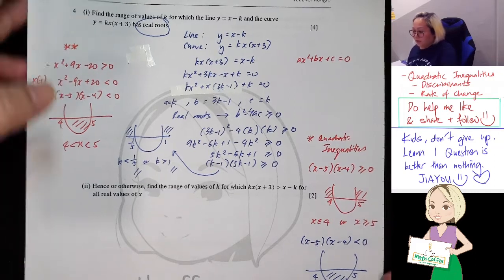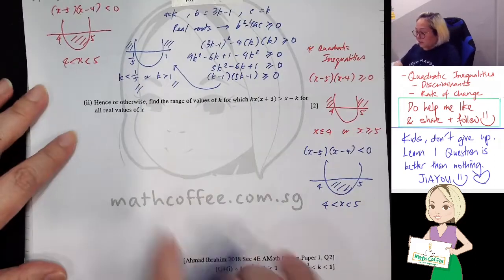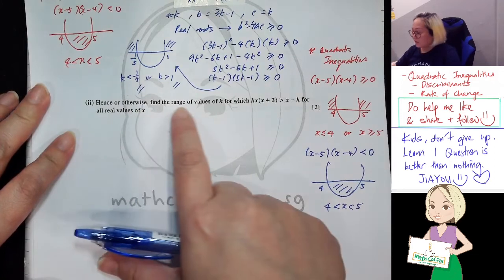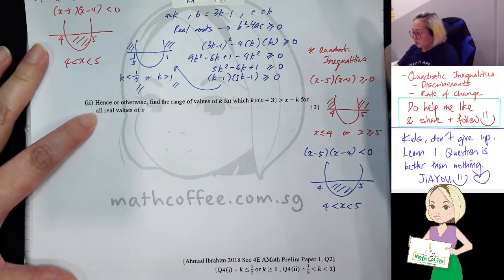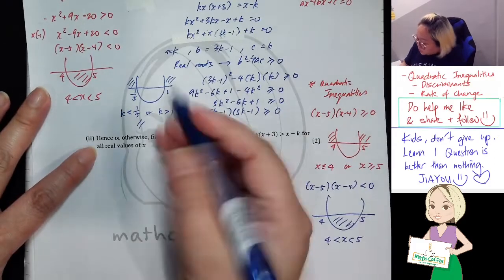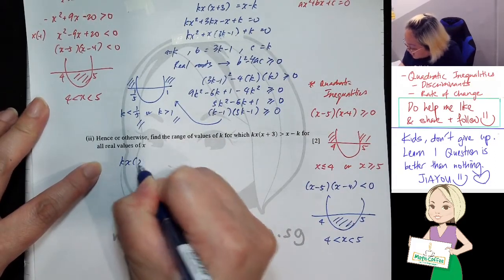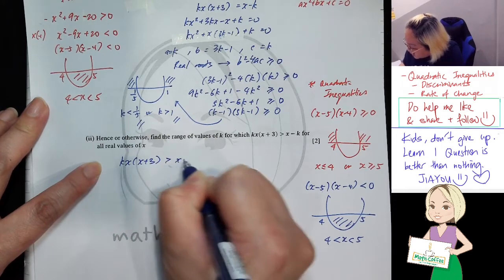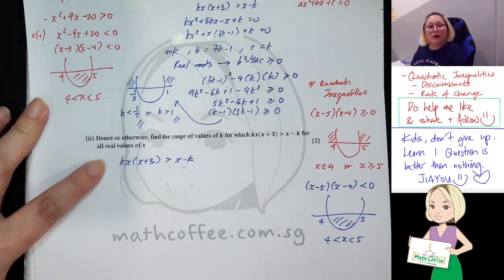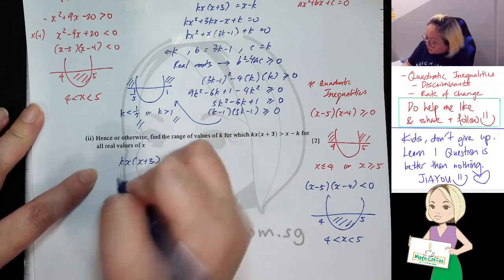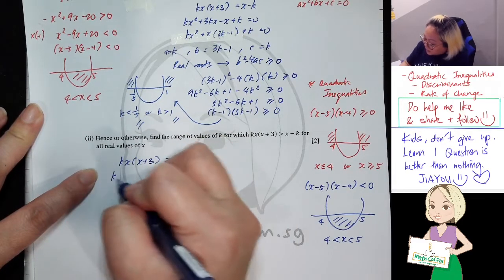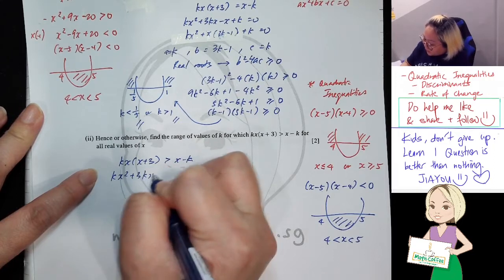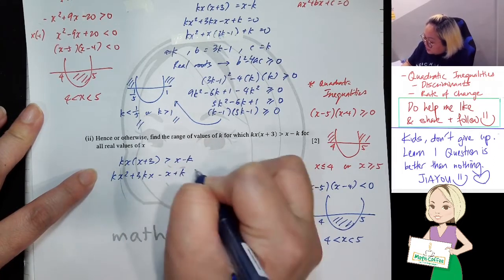Okay, so then next. Now they say hence or otherwise find the range of k for which, for all real values of x, let's see. So this one I will write kx(x plus 3) more than x minus k. So I'm going to throw everything to the left hand side. So it will be kx squared plus 3kx minus x plus k more than 0.